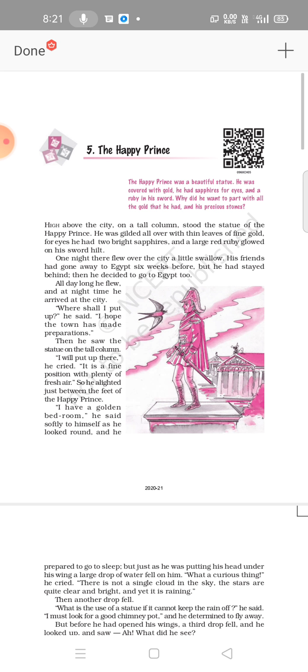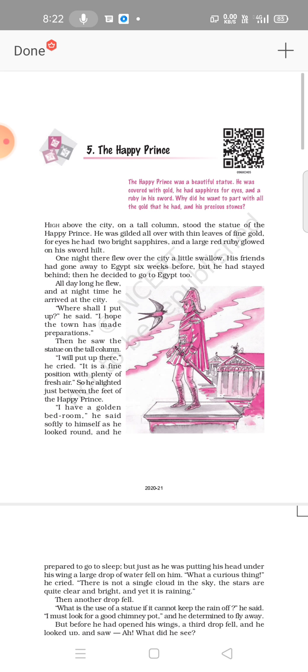The statue spoke to the swallow. The story goes in this way. The statue spoke to the swallow. It said that when it was alive, it had not known what tears were. The statue told him, when I was alive, I did not know what tears are.